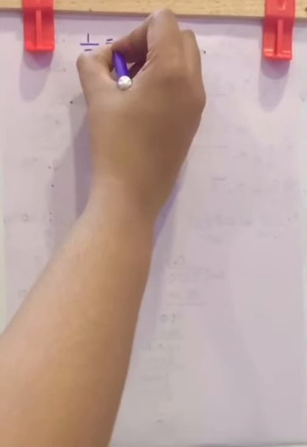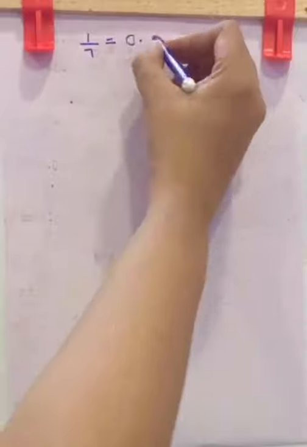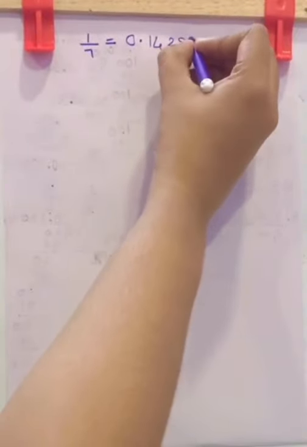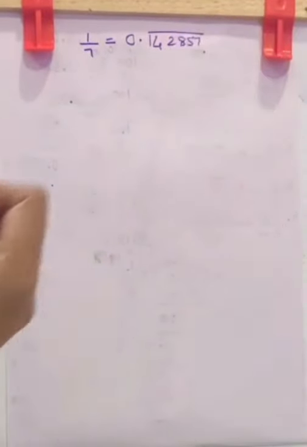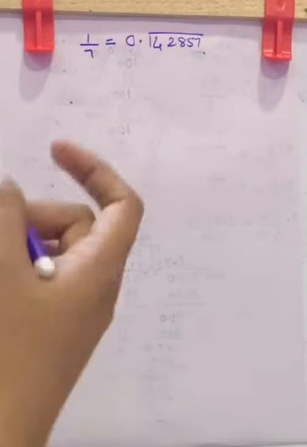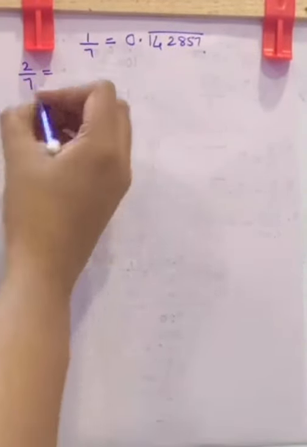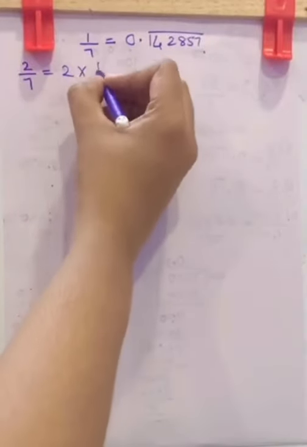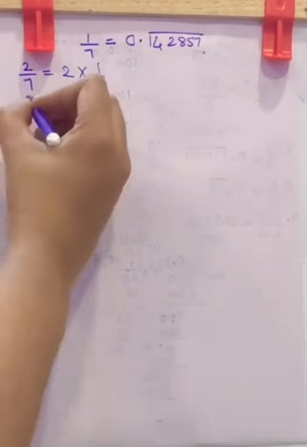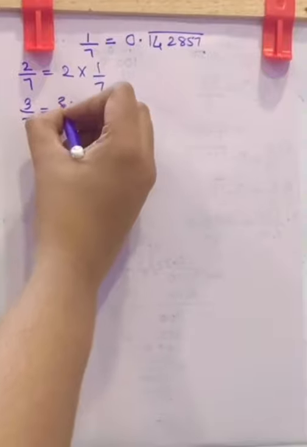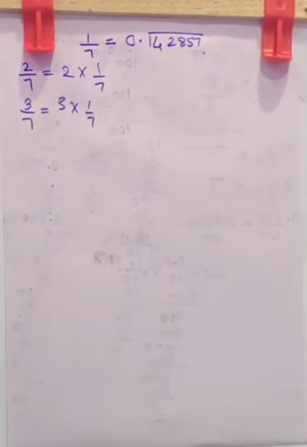How will you do it? We know the value of 1 by 7 is equal to 0.142857. Now, what about 2 by 7? 2 by 7 is equal to 2 into 1 by 7, right? 3 by 7 is 3 into 1 by 7.